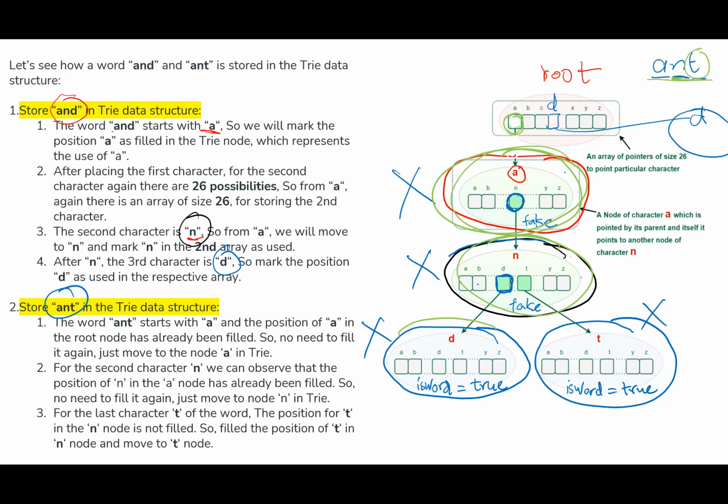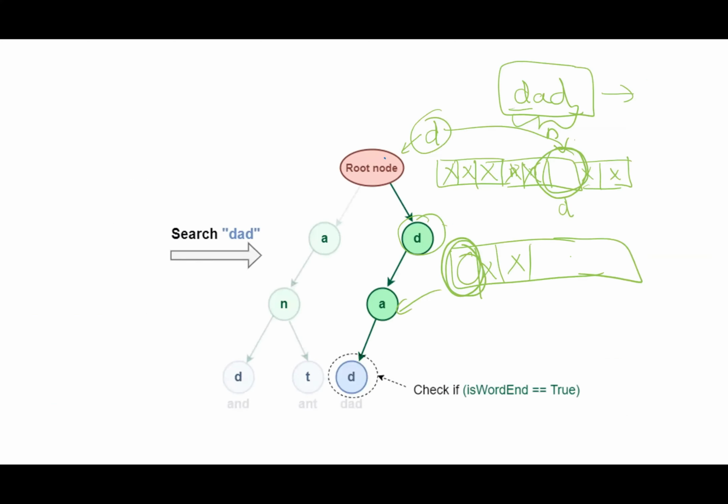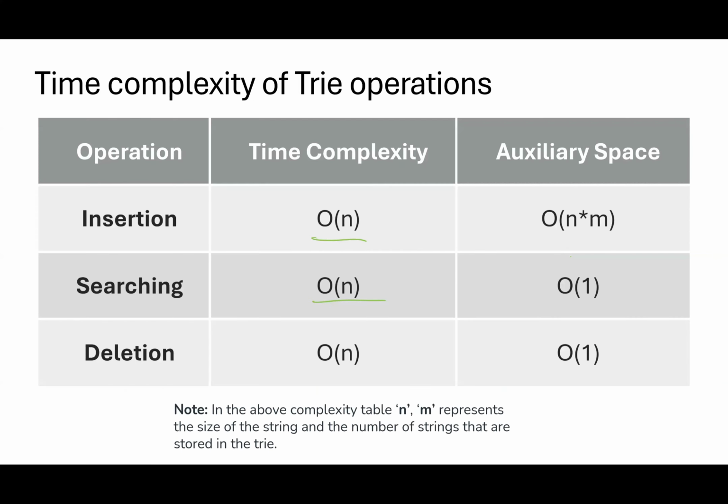So for each character, I'm just going to one node and looking in the children list. That means if the length of the string is n, I need to do just n operations to insert it.